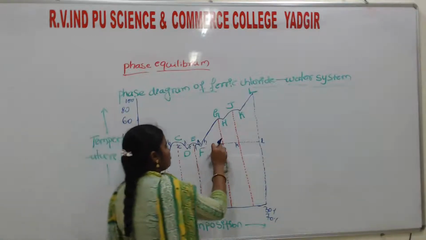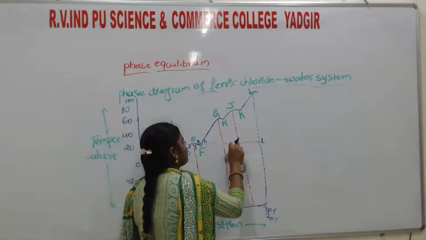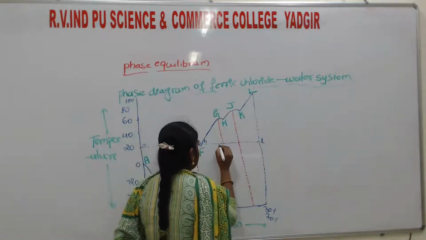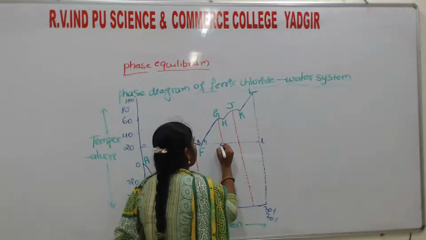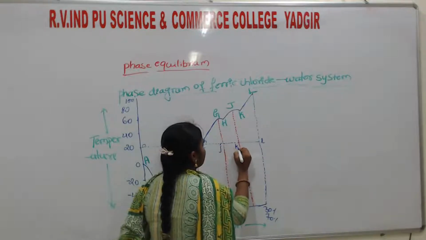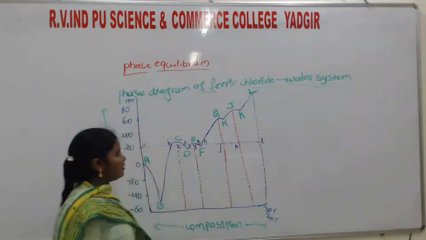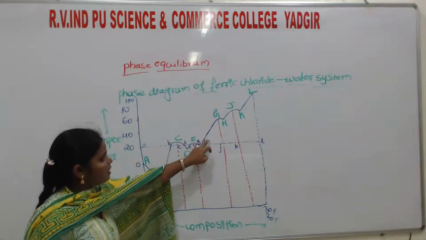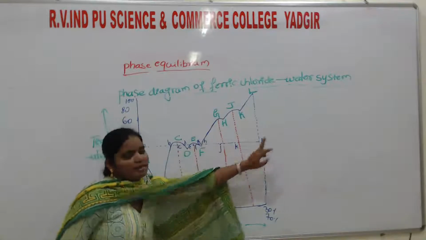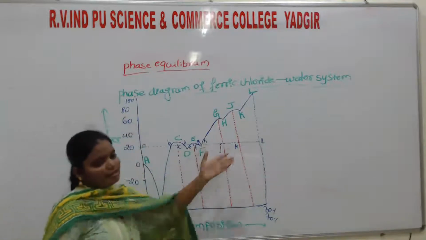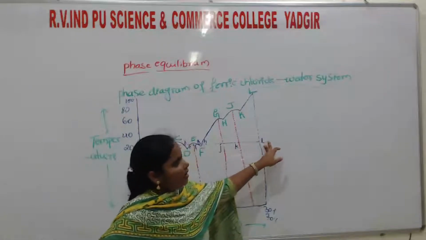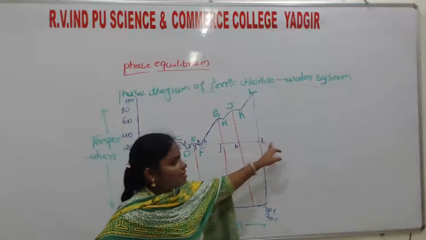This is also small g, this is also small k. J, K. Here A, B, C, D, E, F, G, H, J, K, L. Or you can take I also. This L is not here, K is L here.